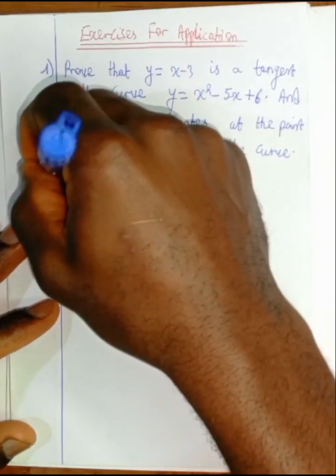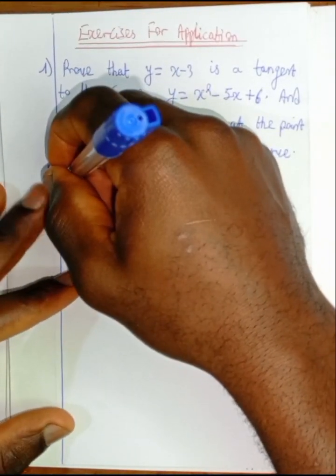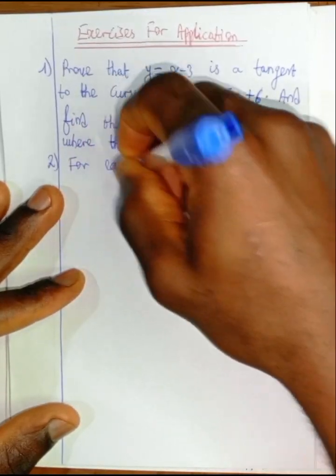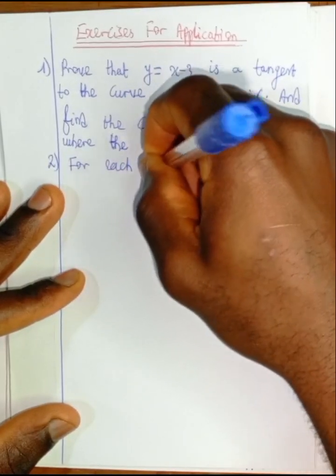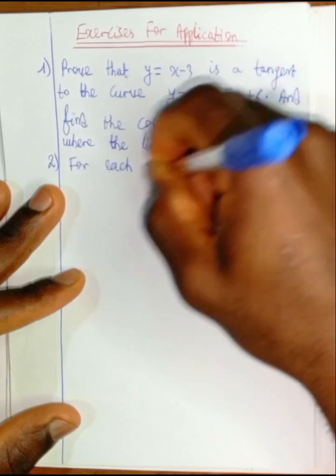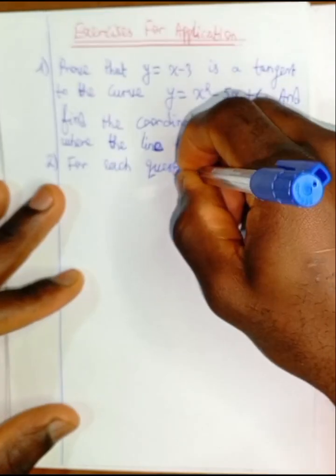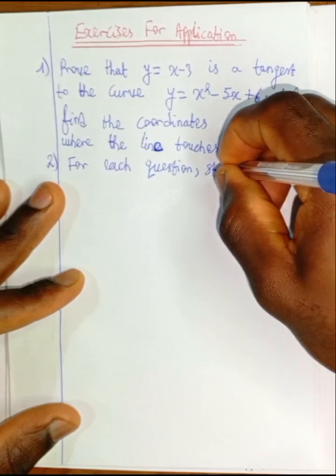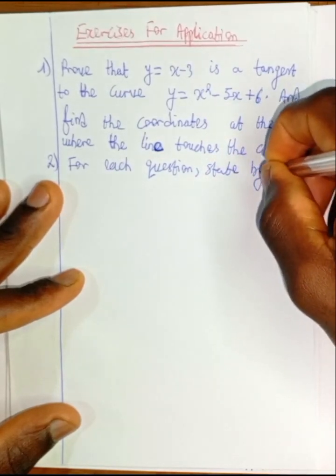We go now to 2. For each question, state working.